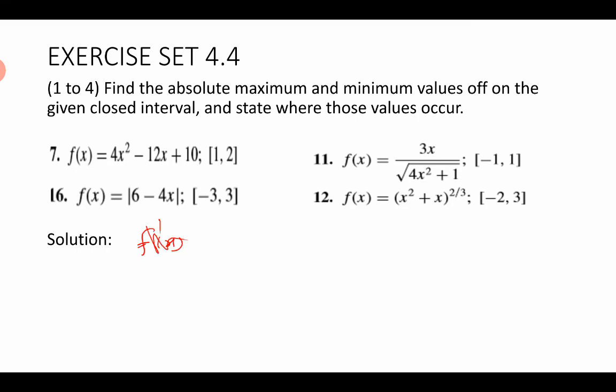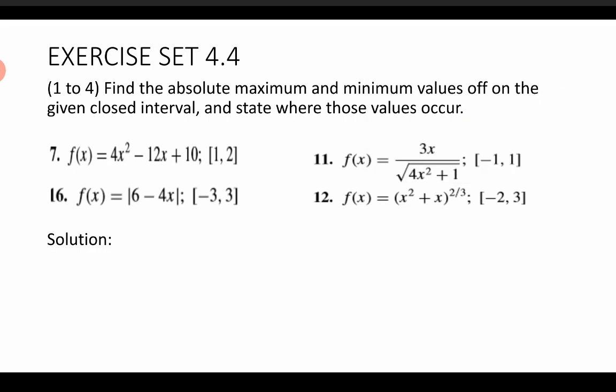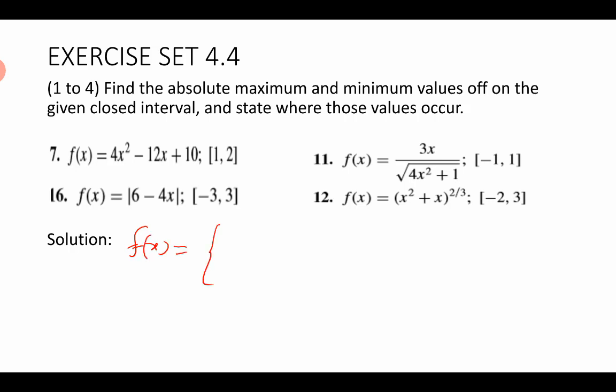First write f of x properly by its definition. F of x, this is positive 6 minus 4x in the interval. What is the point at which the function is 0? When the function is 0, 6 minus 4x is 0, isn't it?